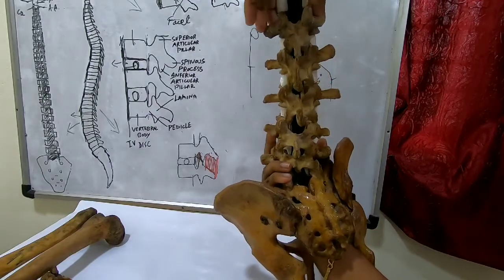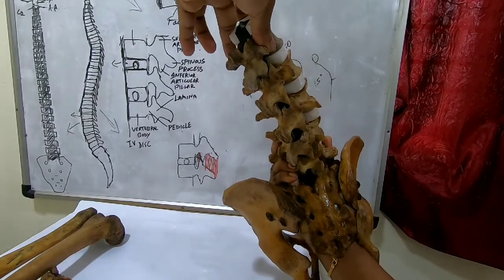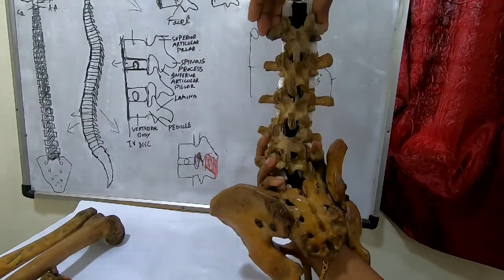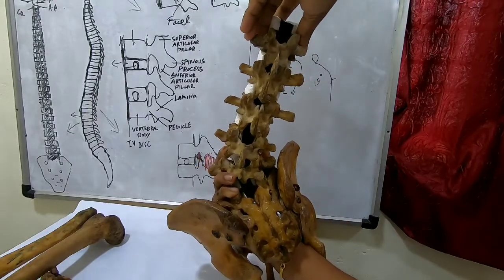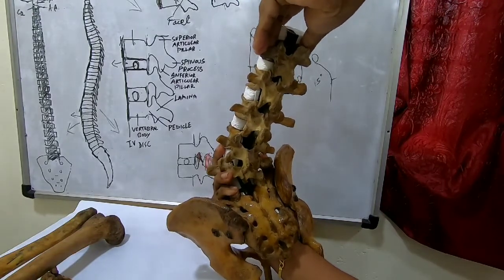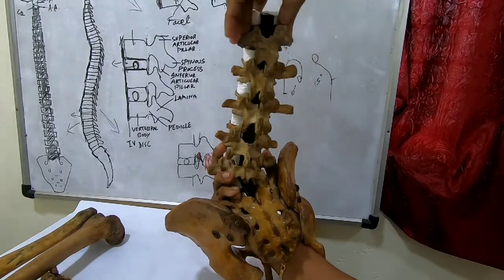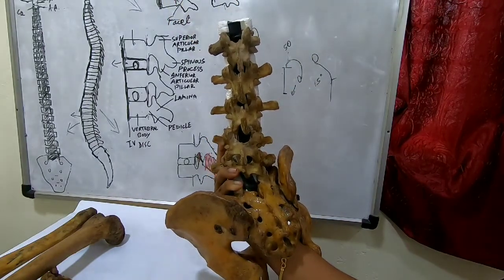Same thing happens with rotation also, it happens with the coupling of side flexion. Again I will repeat and show you. Side flexion, it needs extra space, so it rotates opposite side and brings the movement. This is coupling. Thank you.